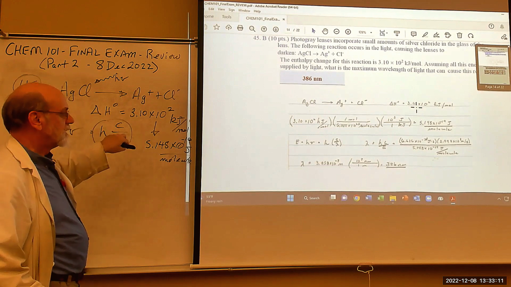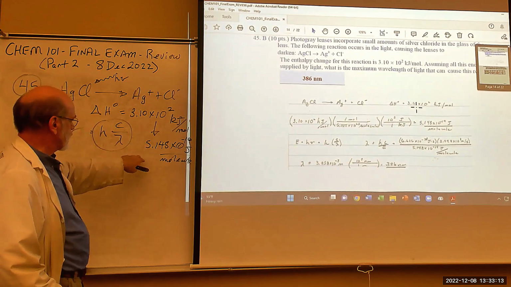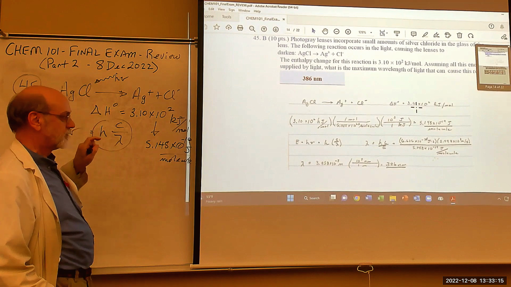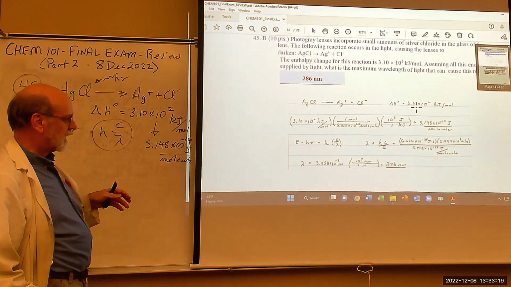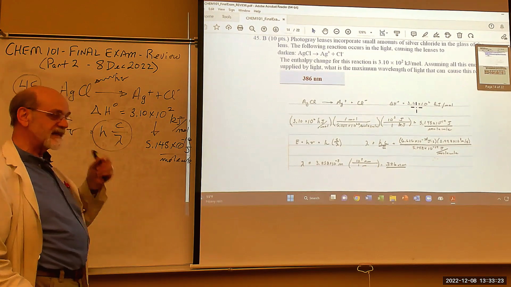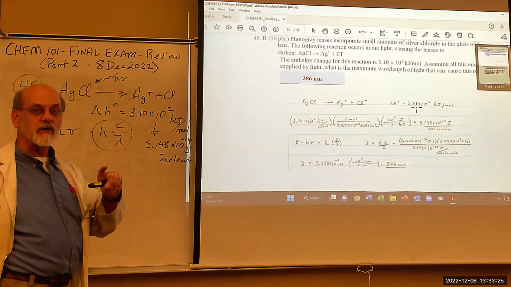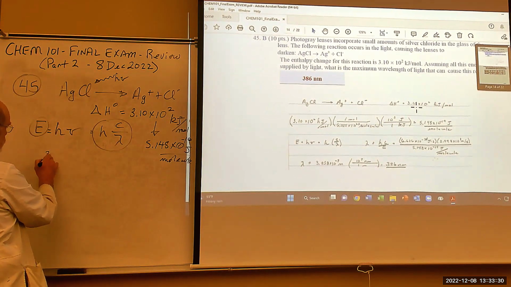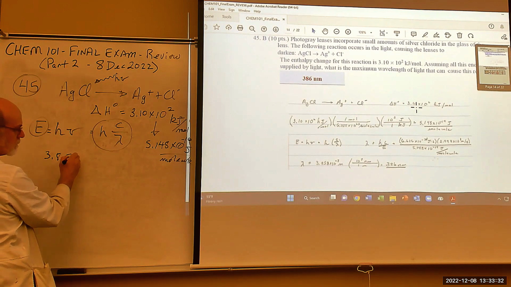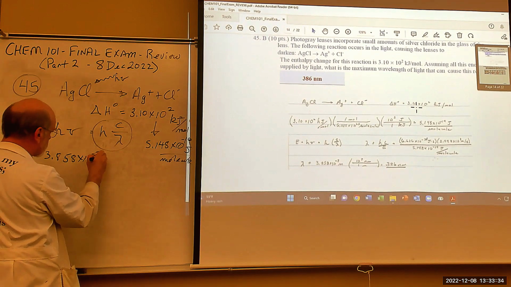And then the energy that's required here, right? And that gives us, let's see, the wavelength of light in meters, but we want nanometers. So if we do that calculation, we get 3.858 times 10 to the minus 7 meters.